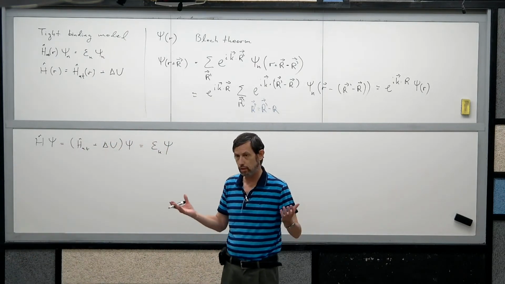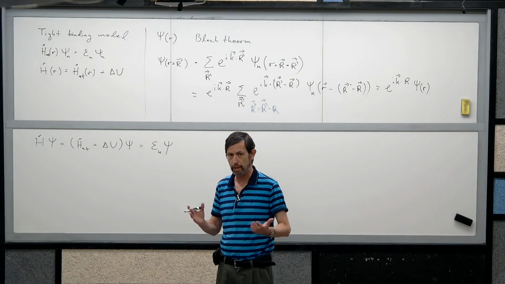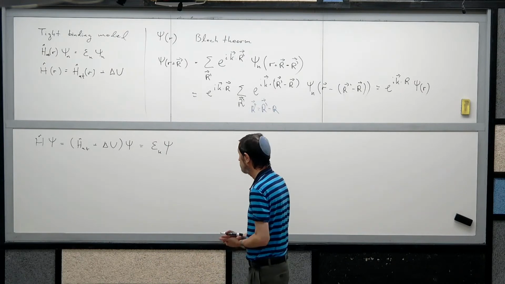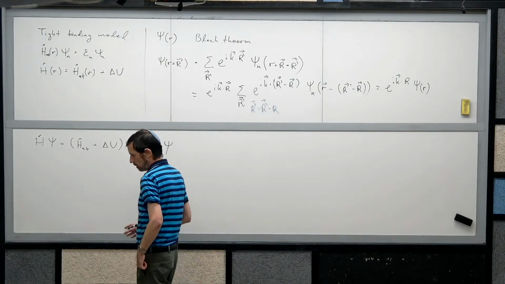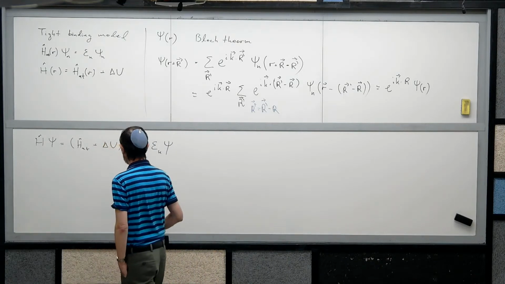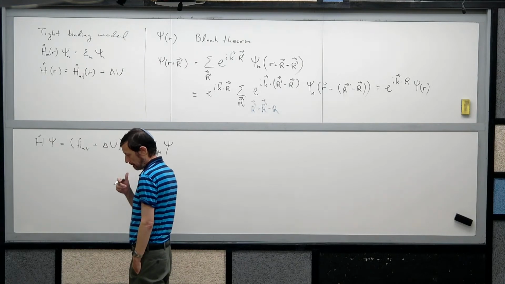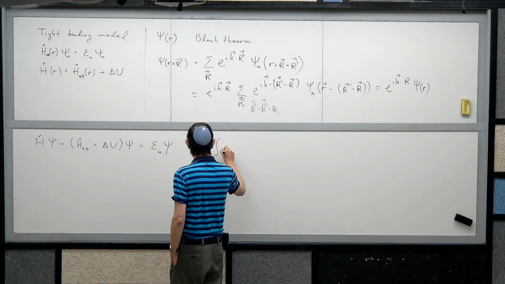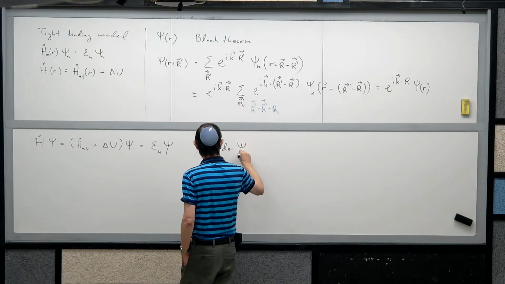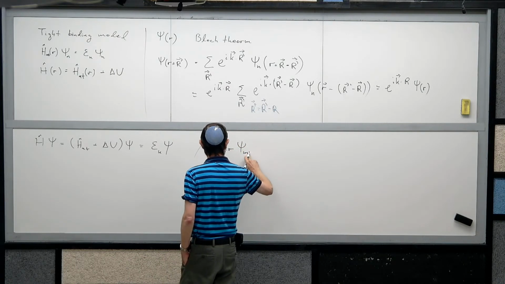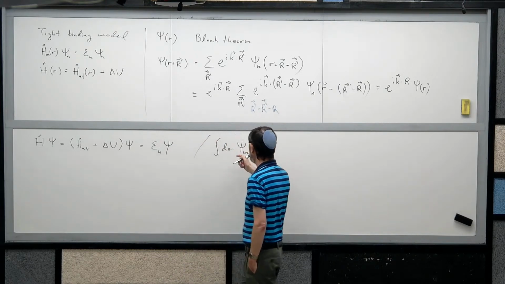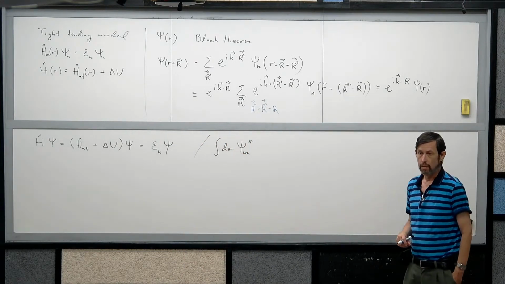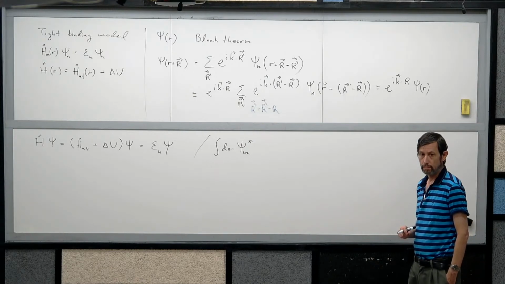And k is just an index of some eigenvector and eigenvalue. Okay, so I'm looking at this equation and asking myself, what happens if I multiply it by an integral over another eigenfunction of this equation?